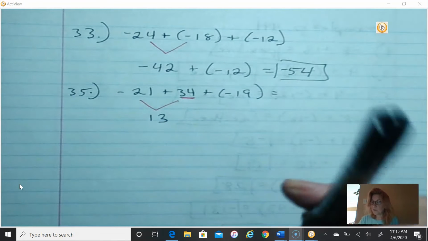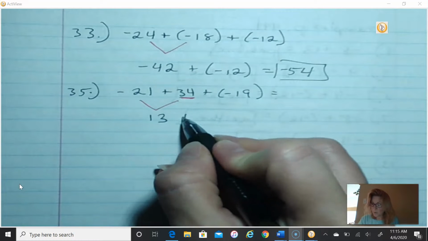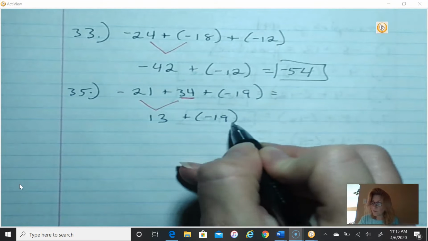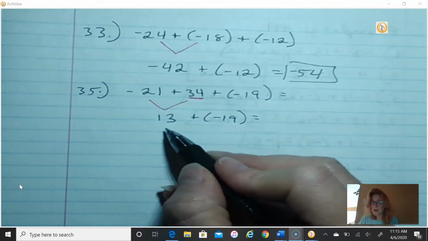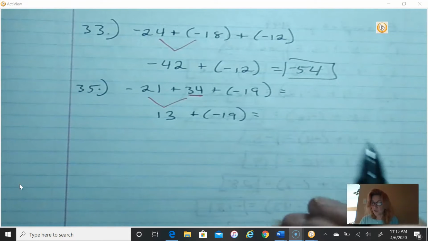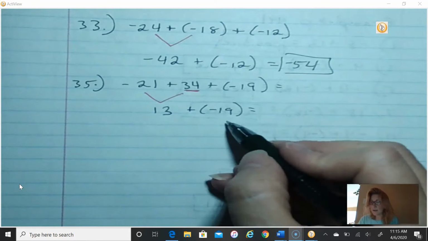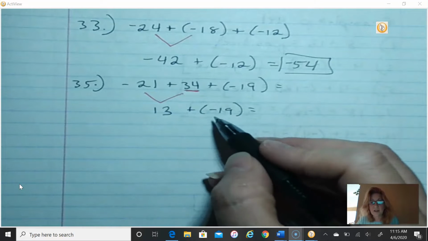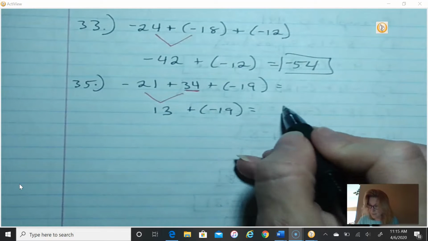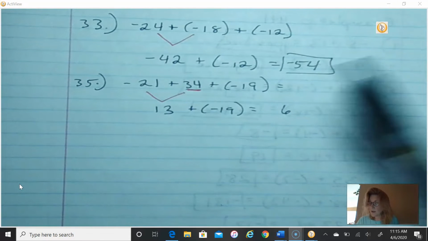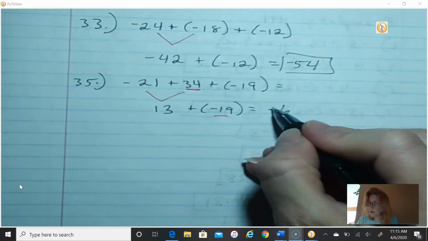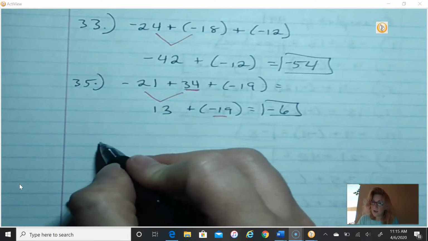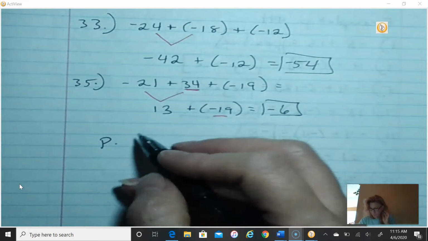It's positive, so 13 stays positive. And we rewrite the rest of your problem. That's a positive, that's a negative. When the signs are different, you subtract and take the sign of the largest. 19 minus 13 is 6. 19 is your largest. It's negative, therefore your answer is negative. Okay, now you can do some work.